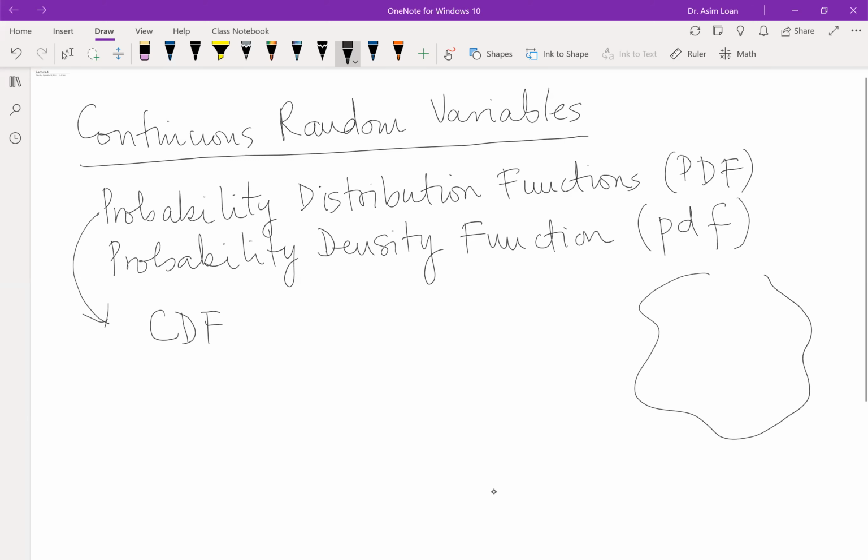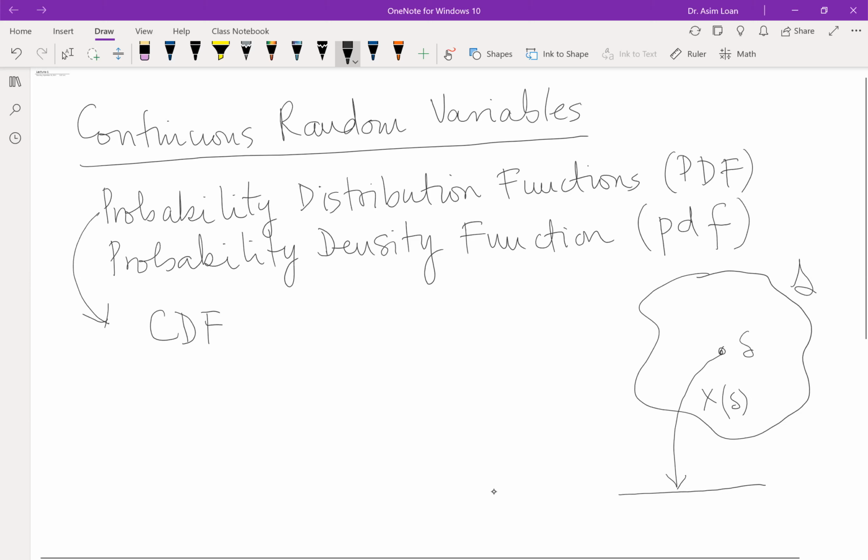So you have this sample space. In this sample space, you have some outcome. And what a random variable does is you map this outcome through this function, and the notation is a capital alphabet, X of delta, and you map it to some real number x. And then if you want to look at the probability in this interval B, then you go back to this event A in the sample space corresponding to B, and then you find the probability.